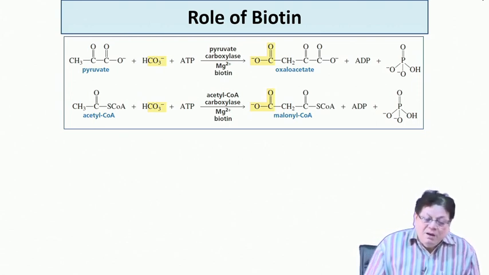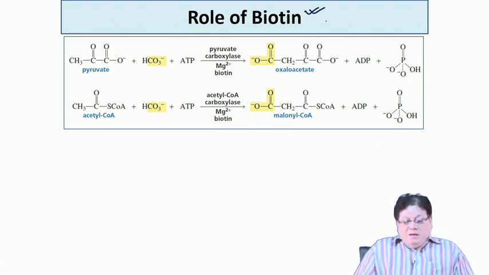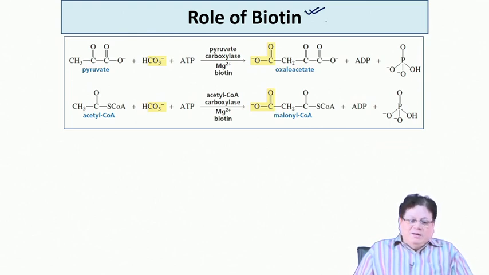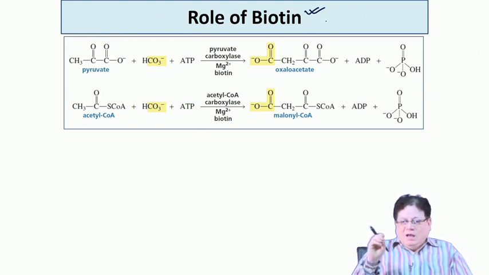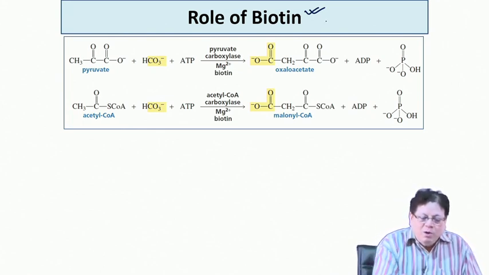Now, biotin does carboxylation, like vitamin K does carboxylation, but the role of vitamin K is to form the alkoxide in the presence of oxygen and remove the hydrogen from the gamma position of the glutamic acid. That is a separate class. Now, we are talking about biotin.